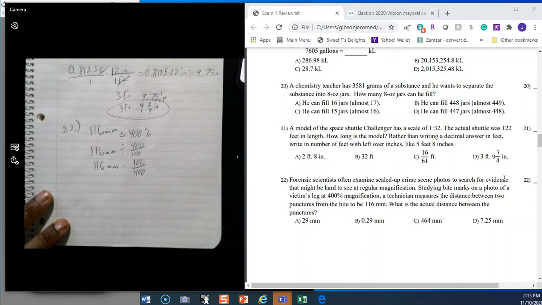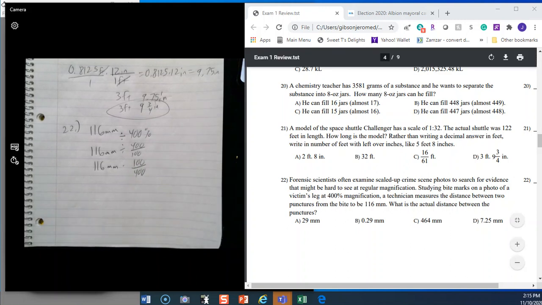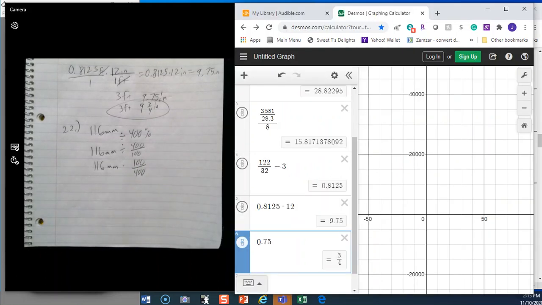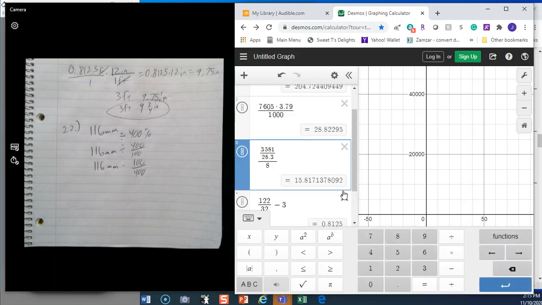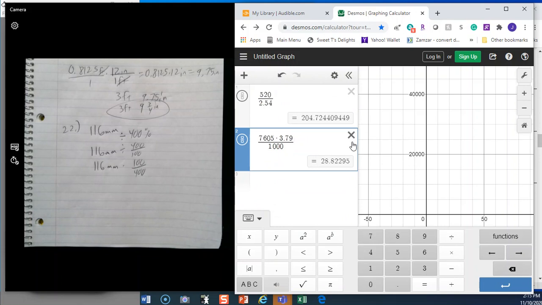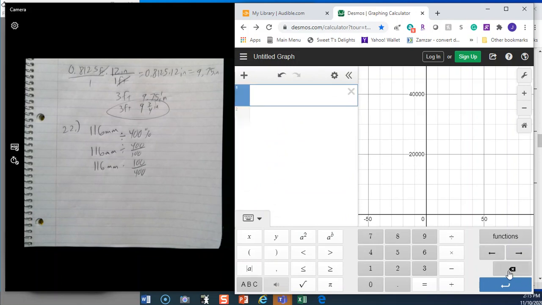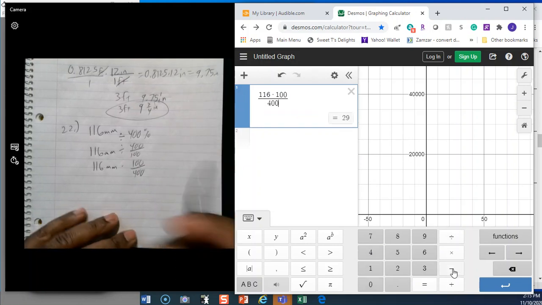Now we can put this in our calculator. I know we can simplify the fraction, but since we can use the calculator, you might want to check it on the calculator instead of trying to do it by hand. So we could take 116 times 100, and then divide all of that by 400, which will give us 29.